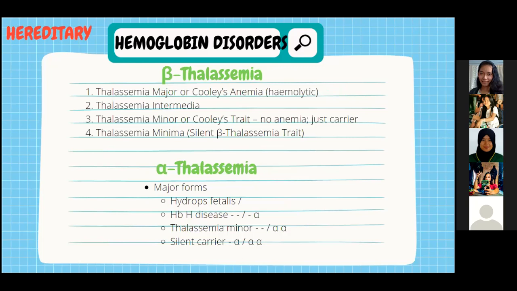We have thalassemia major, also called Cooley anemia. This is characterized by increased gamma chain production, which increases HbF, and excess alpha chains form precipitates in normoblasts or RBCs, causing early destruction that results in ineffective erythropoiesis and severe hemolytic anemia.